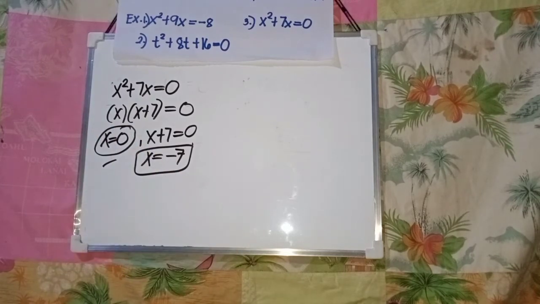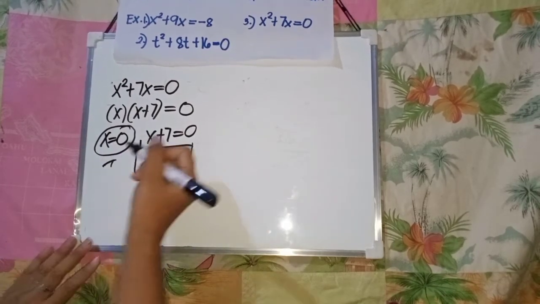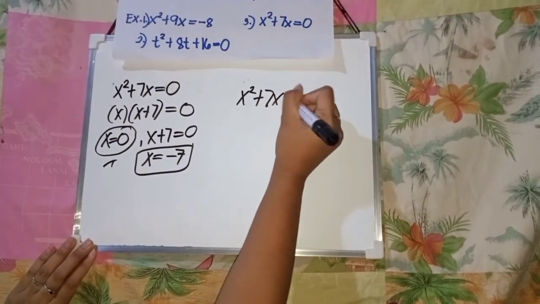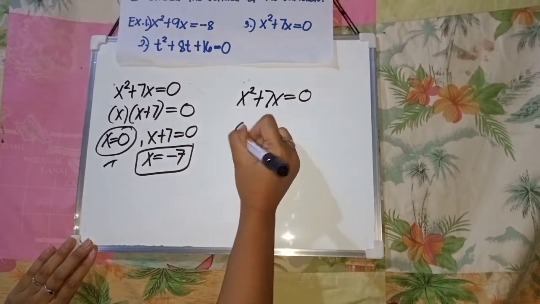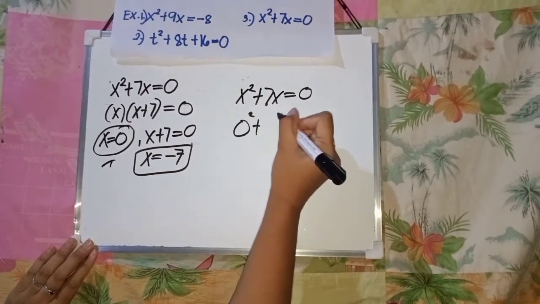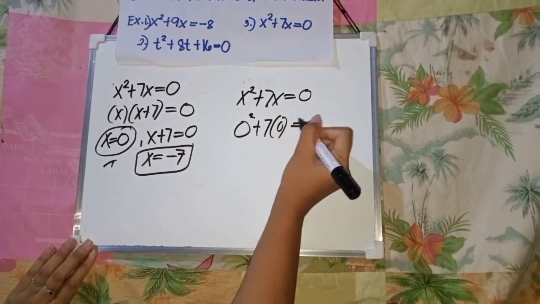So for the checking, we will use first the 0. x squared plus 7x is equal to 0. Then 0 squared plus 7 times 0 is equal to 0.